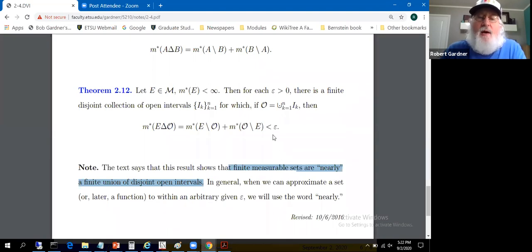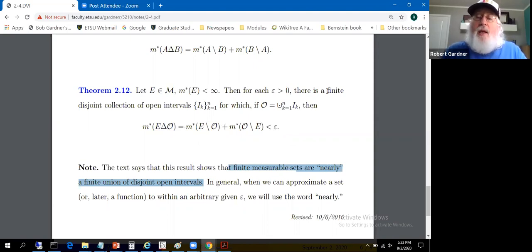So we're getting this to be within epsilon of 0. So we'd say this set is nearly a finite union of open intervals. Set E differs in a symmetric difference way from an open set that's a finite union of open intervals by an amount epsilon. That's the sense in which they use nearly.